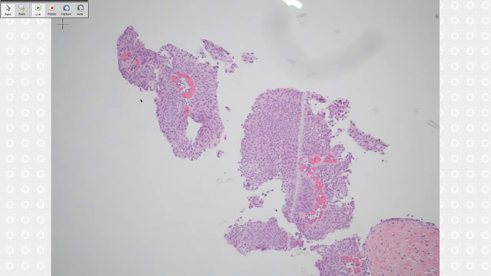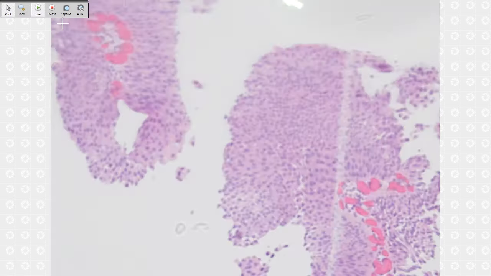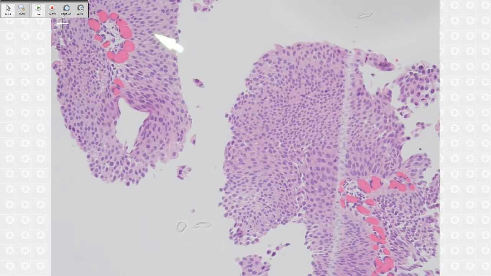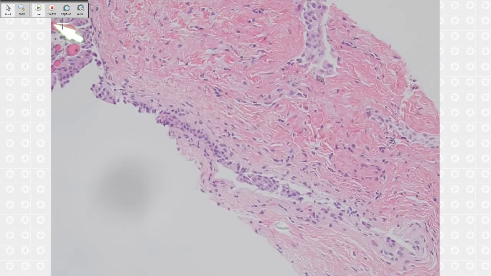When I call papilloma, it's very delicate, with very thin, elongated fibrovascular cores. For this one, the papillae become plump. Even at low power, you may see some nuclear size variation starting.